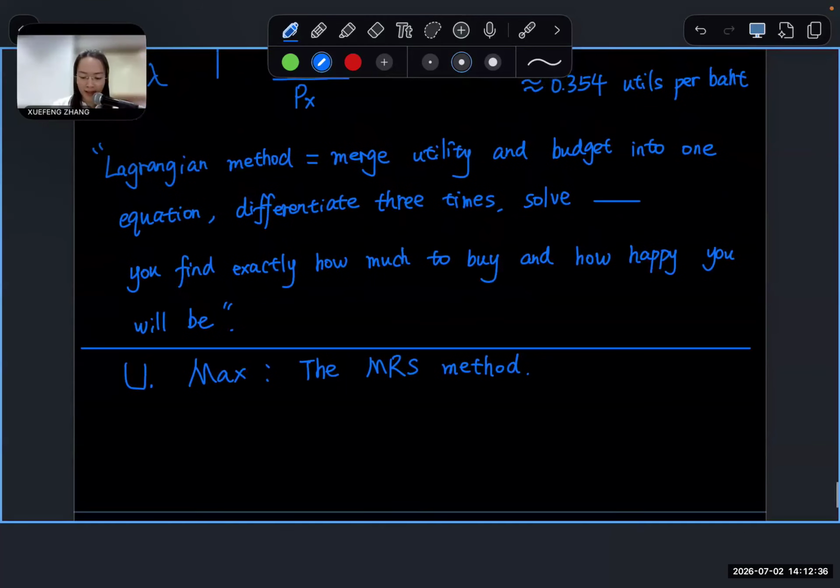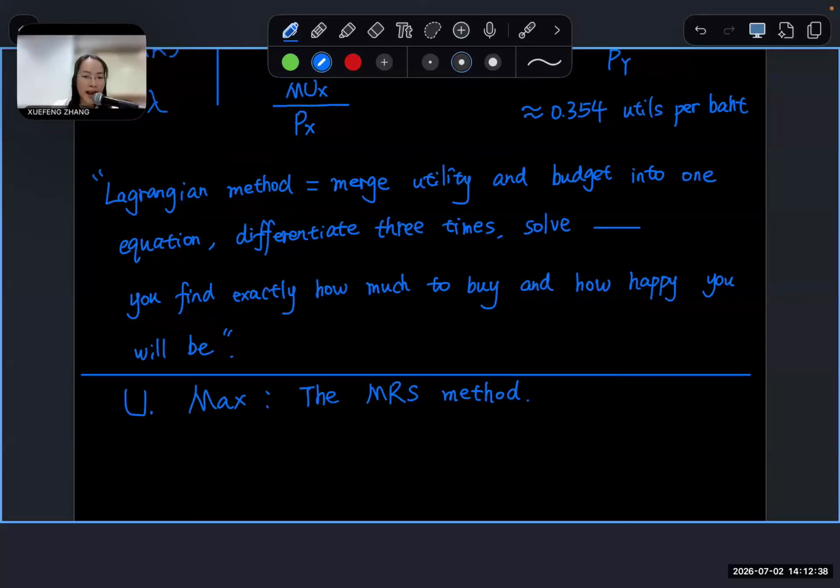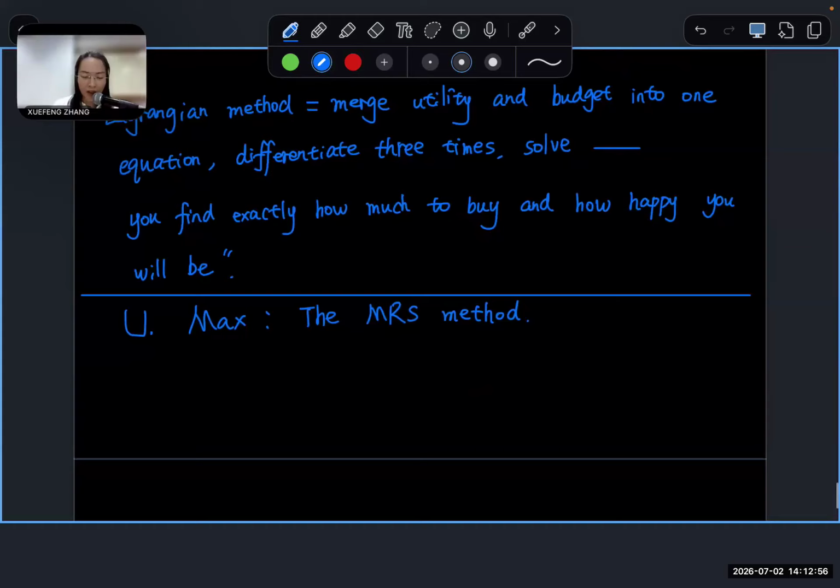You will find that actually MRS and the Lagrangian methods are quite the same, but the MRS method is more intuitive. It's faster for simple problems, and it shows you why the tangency condition works, okay? For the MRS method, let me show you. Because we have 2 goods, right? X and Y.